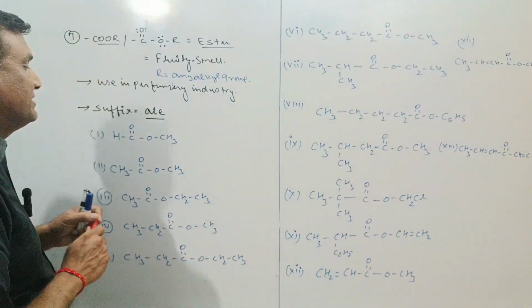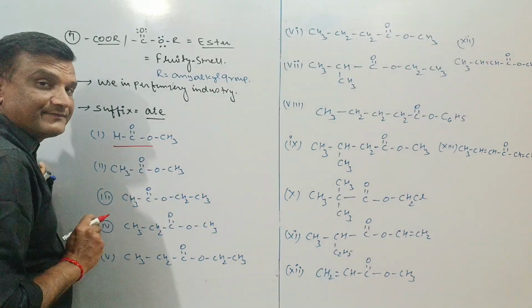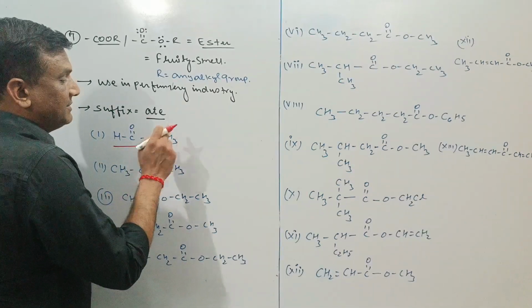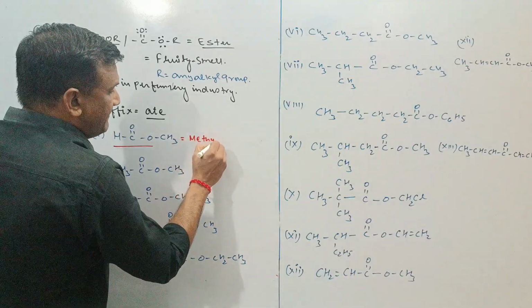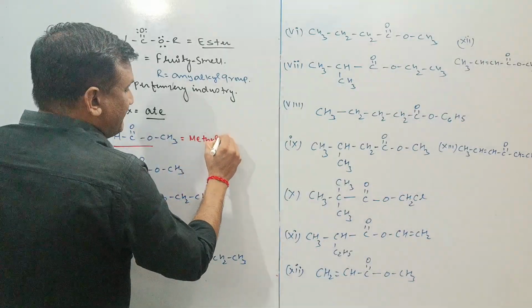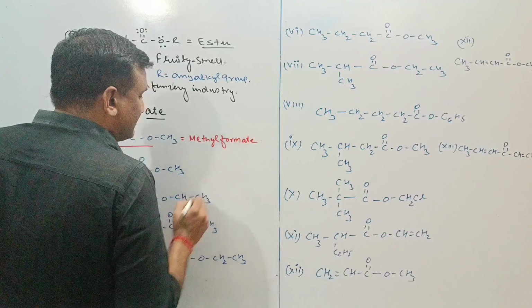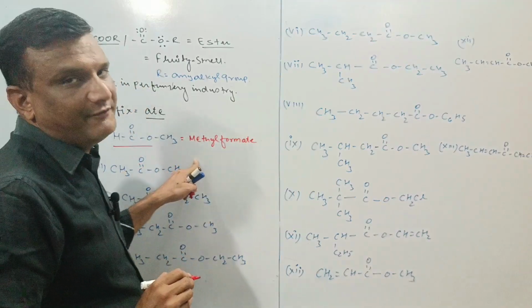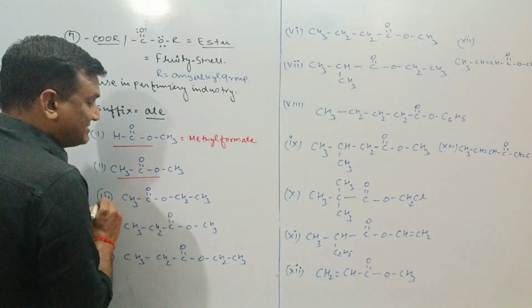Now I would like to go with the names. We'll dissect the compound as follows, up to the oxygen. Here is the alkyl group, which is methyl. Here is one carbon in the chain, so for one carbon it will be form and the suffix will be ate. So the name of the compound will be methyl formate. For this, here is the same ester.